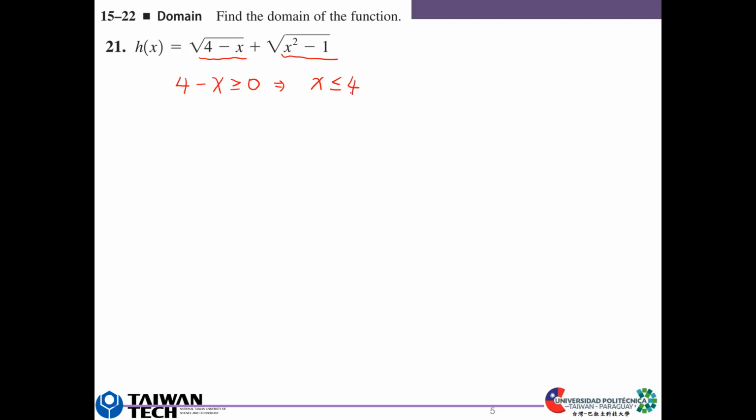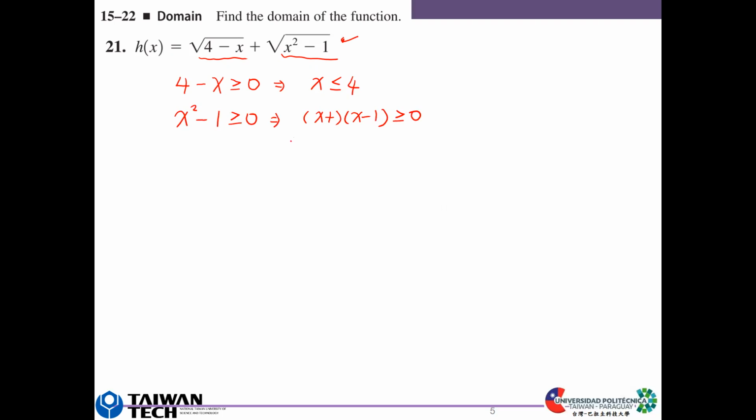And then for the second square root, we need x squared minus 1 greater or equal to 0, which is (x plus 1)(x minus 1) greater or equal to 0.